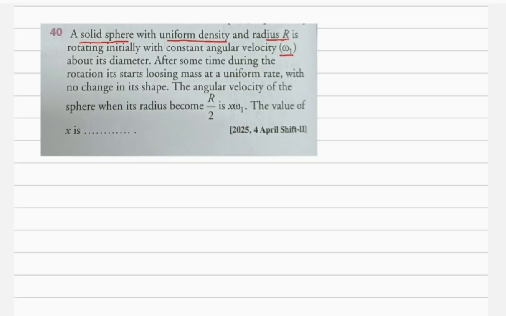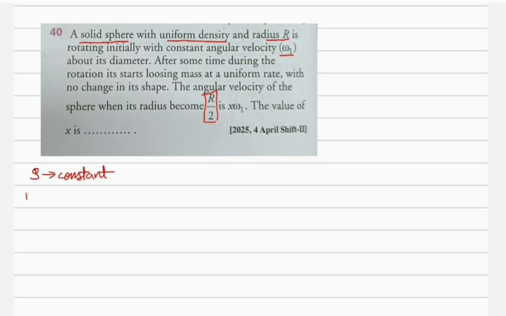What next? Its radius is becoming r by 2, which I was telling you a minute ago. Now can I say students, for a solid sphere rho will remain constant? Yes, rho is the volume density, this will remain constant. The basic formula for volume density rho is mass per unit volume, alright.